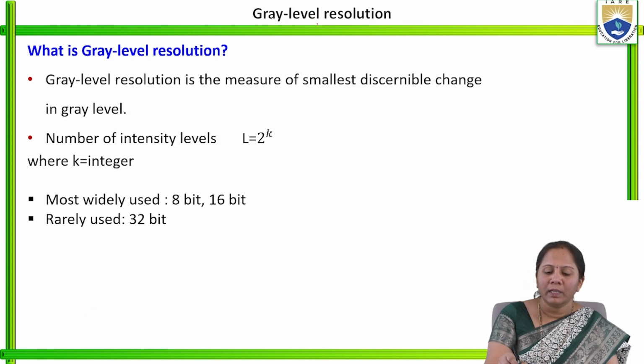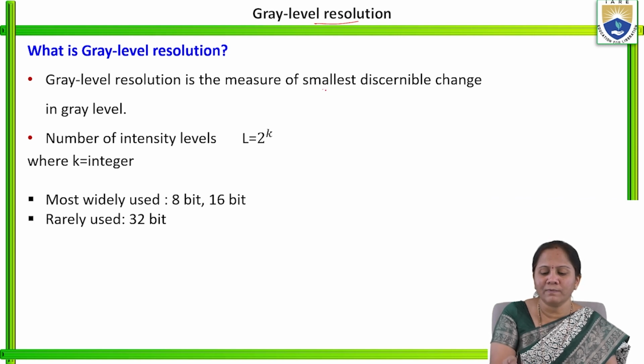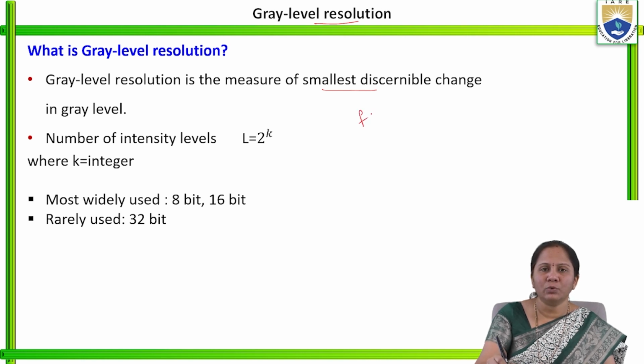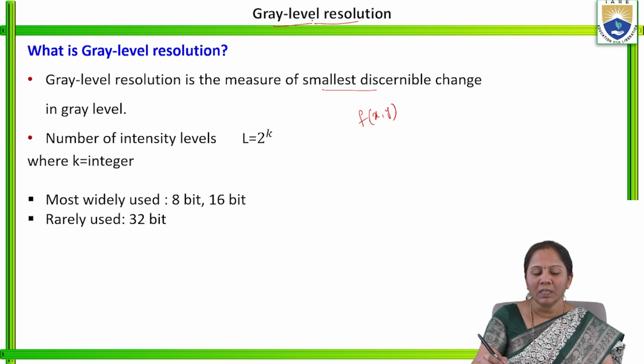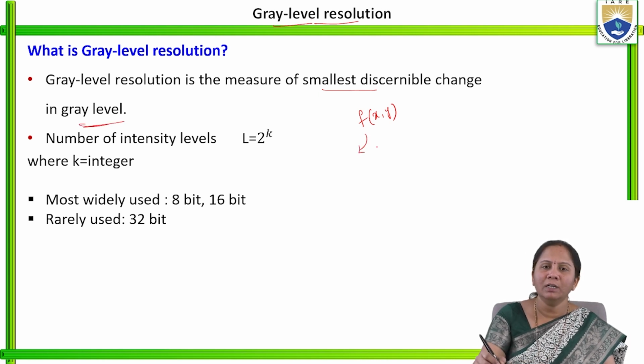Now, next one is gray level resolution. So what is gray level resolution? Gray level resolution is a measure of the smallest discernible change in the gray level. Here a two-dimensional image can be represented as f of x comma y. Gray level resolution means change in the gray level. So here f is called the gray level or intensity level.